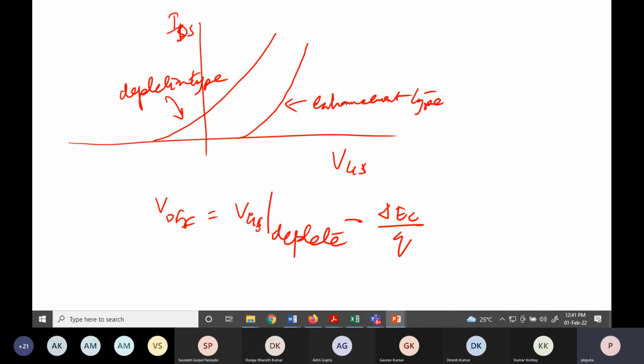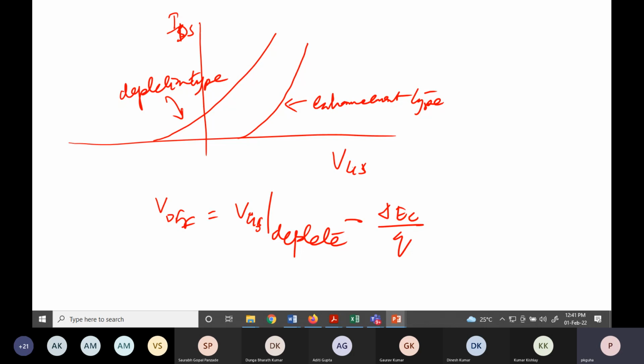Now this VGS deplete, if you start making it positive, at some point this aluminum gallium arsenide will open up. So you have to be careful. If you develop an enhancement type of HEMT, you have to be careful that the aluminum gallium arsenide portion shouldn't open up.